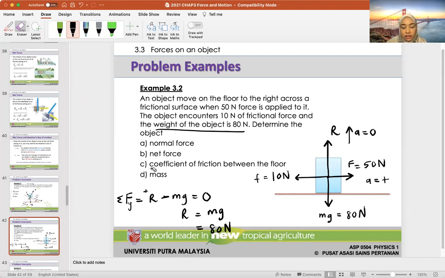So friction, dia tanya what is the coefficient of friction between the floor? So I know that my friction is 10 Newton. Okay, it's 10 Newton. How can I find the coefficient of friction? Is there a way? What is the equation for friction? It's mu R.